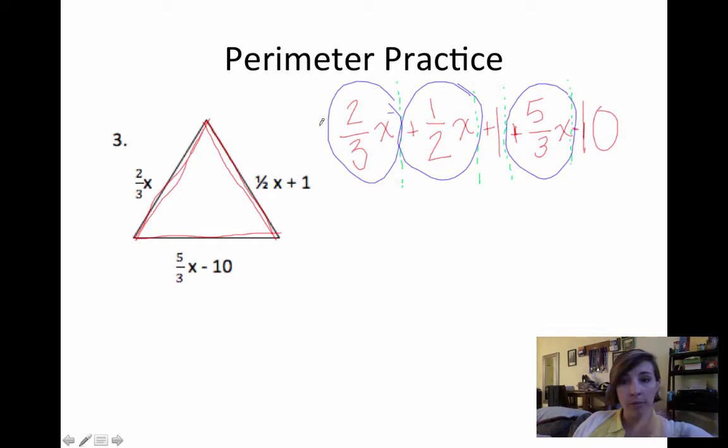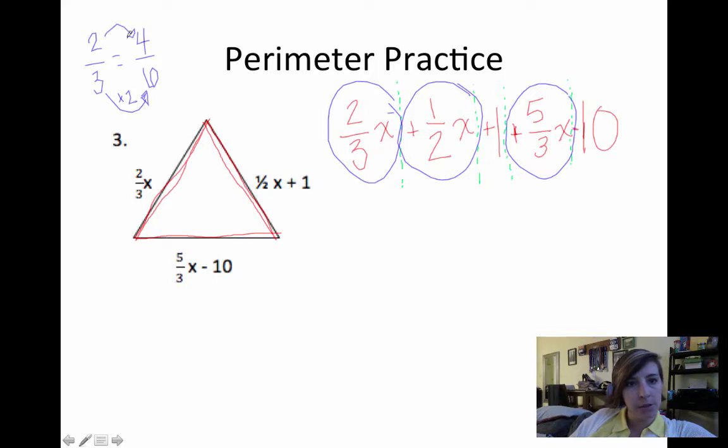So I'm going to make equivalent fractions. So I'm going to do this over here, and then I'm going to rewrite my problem. So 2/3 is equal to 4/6. And I know that because 3 times 2 equals 6, 2 times 2 equals 4.